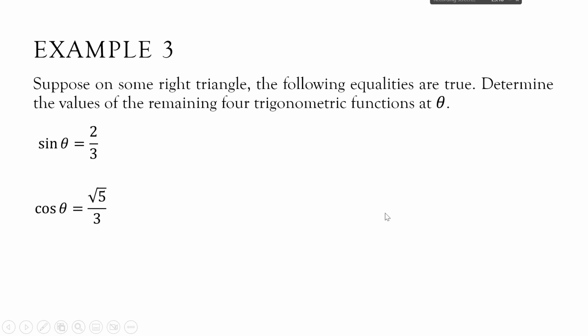So where do I even work from here? Right now, I don't even have a triangle drawn out. But I do have these trig function values. So what I'm going to do is draw an arbitrary right triangle, something like this, and fix my theta.